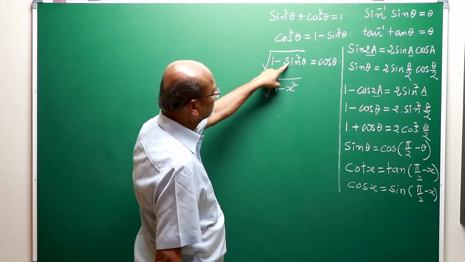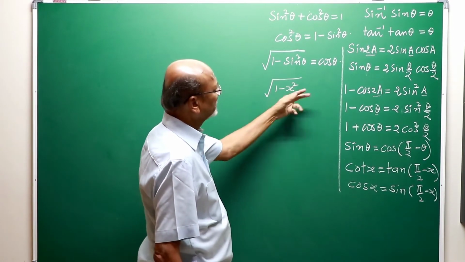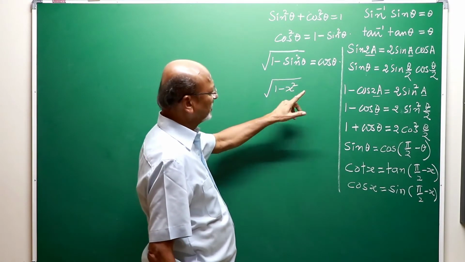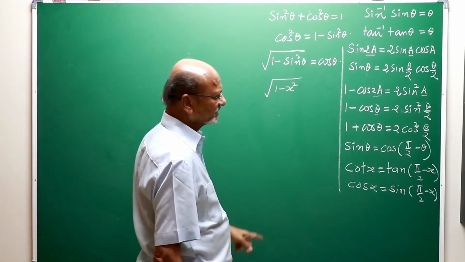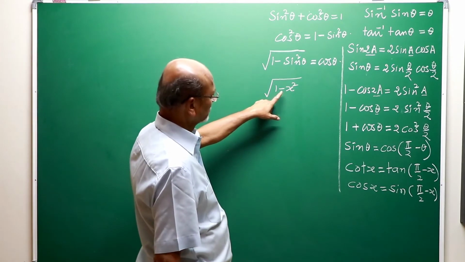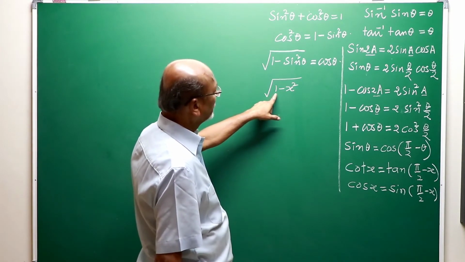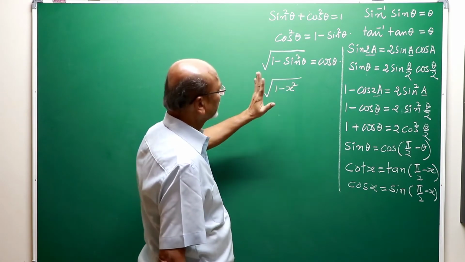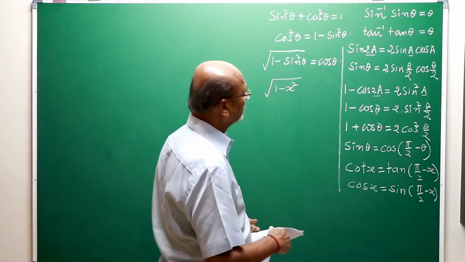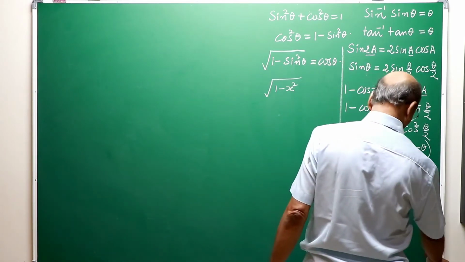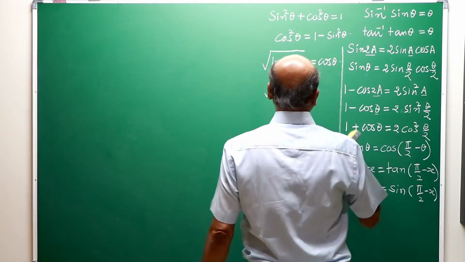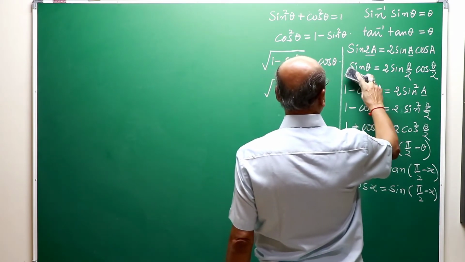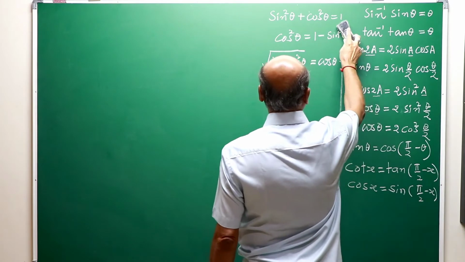If you put x equal to sine theta, what is root 1 minus x square? It is cos theta. Correct. Therefore, while doing examples, if the given expression is of the form root 1 minus x square, put x equal to sine theta. This is what is wanted, my friends. Yes, my friends, already we have used this.